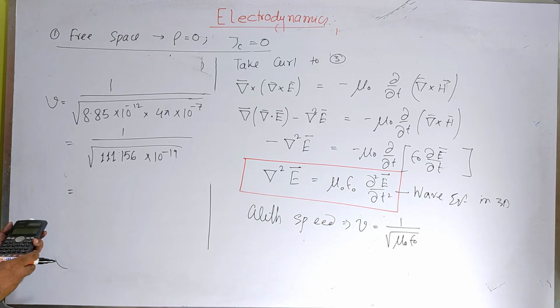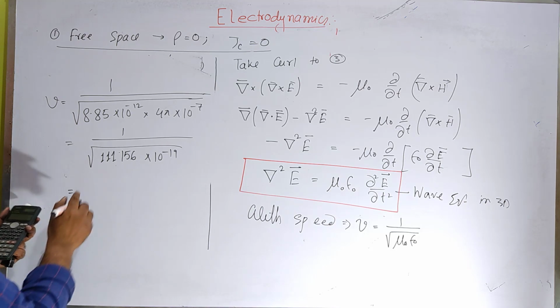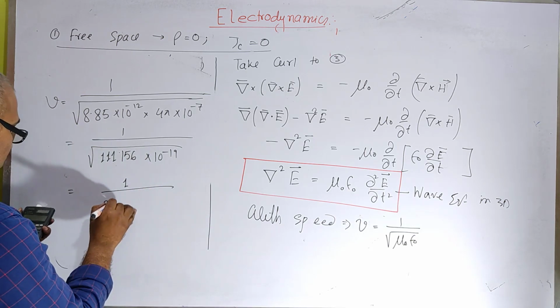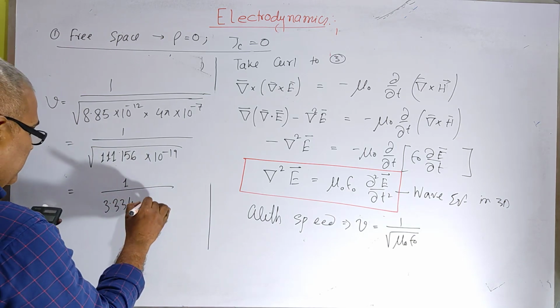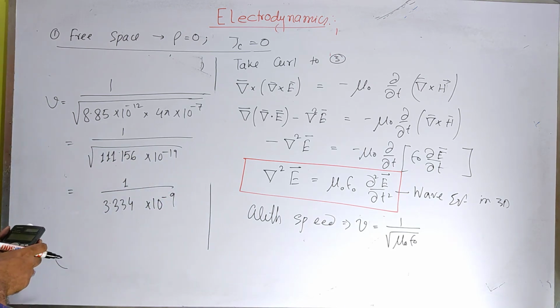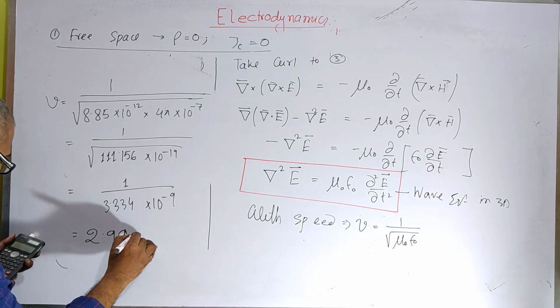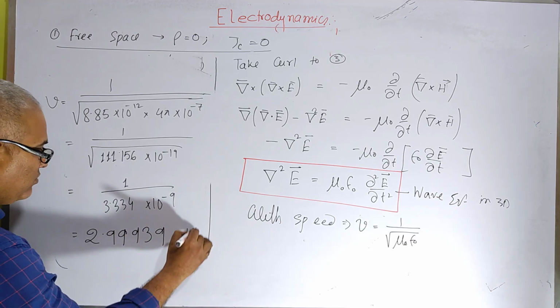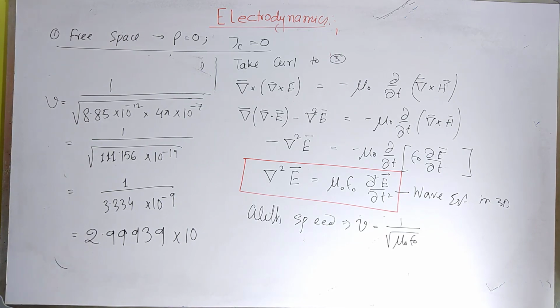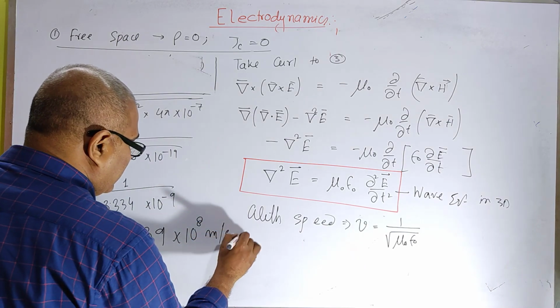So just take the root of this answer. So this is 1 by 3.334 into 10 to the power minus 9. If I take the inverse of this expression, this gives me 2.99939 into 10 to the power 8 meter per second.